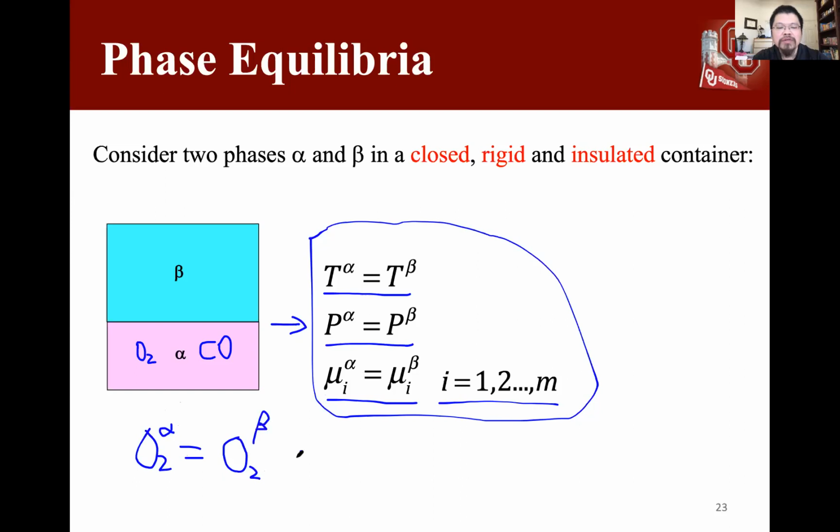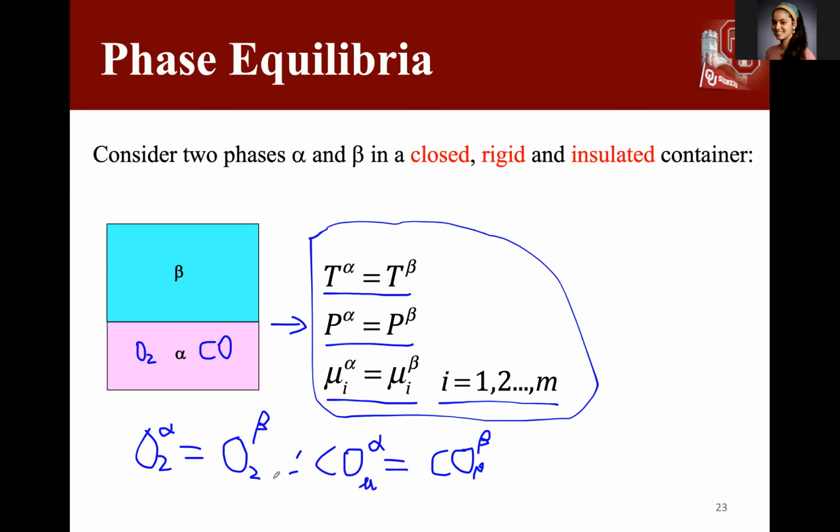And I need to also satisfy that the chemical potential of carbon monoxide in the alpha phase is exactly the same as the chemical potential in the beta phase. Is this only when it's at equilibrium? Yes. Okay. Let me add the chemical potential sign.